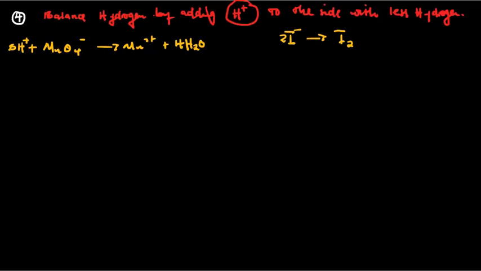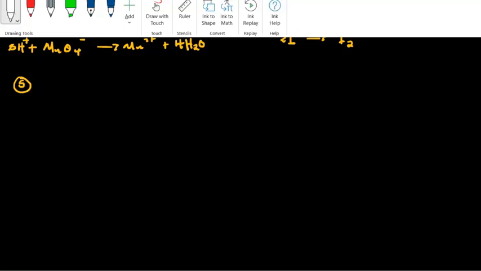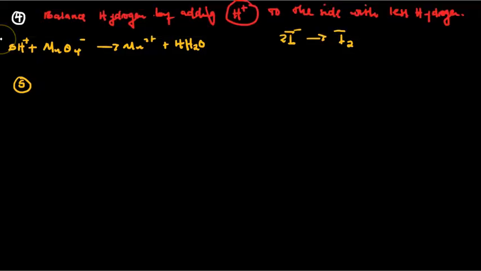So now, at this point, we are going to step 5. Under step 5, you are going now to balance the charges. You balance the charges by adding electrons to the side with a higher charge.